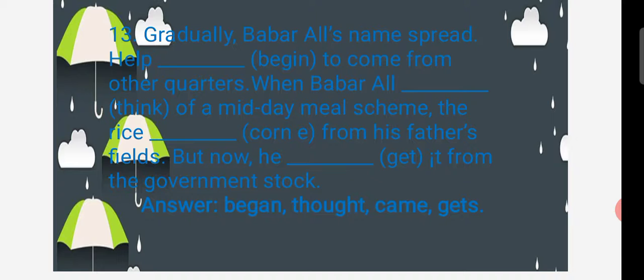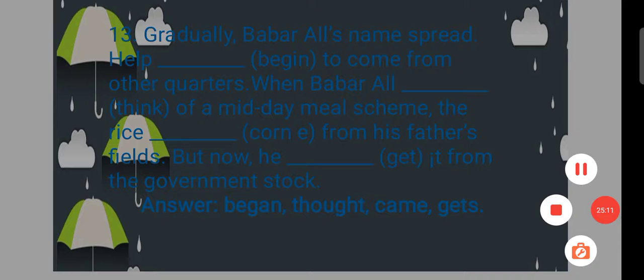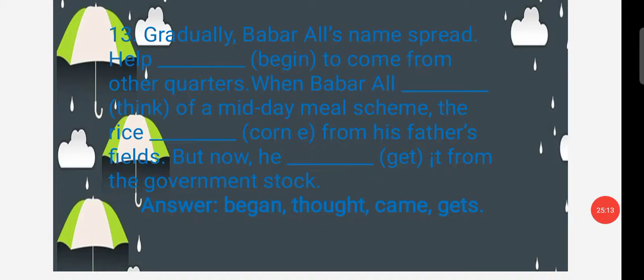Get present tense. He becomes, since he is there, so you have to say gets. He gets it from the government stock. Third person singular, so you have to add s with the verb. So please keep all these rules in mind or else you will make mistakes. Gradually Babar Ali's name spread. Help began to come from other quarters. When Babar Ali thought of a midday meal scheme, the rice came from his father's fields, but now he gets it from the government stock.